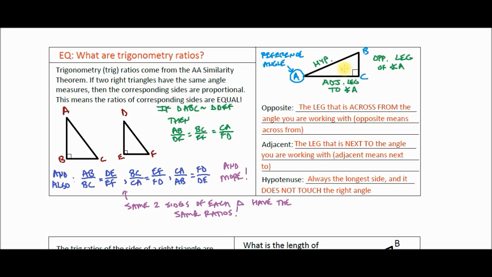For angle A, BC is opposite and AC is adjacent. For angle B, AC is opposite and BC is adjacent. Make sure you understand this.